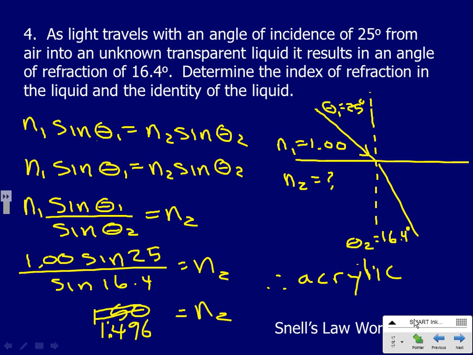We're going to be doing an experiment tomorrow, and I needed some liquids, and something called glycerol is 1.473. Olive oil is 1.48. You got exactly 1.5? Not a big deal. Don't worry about it. It's liquid acrylic, which is not a liquid.